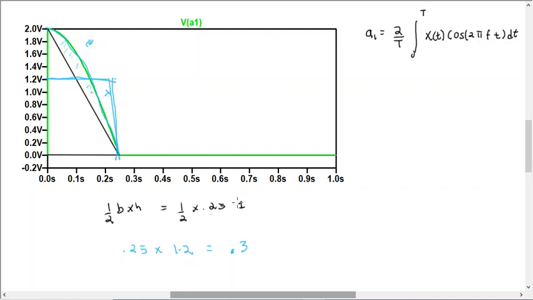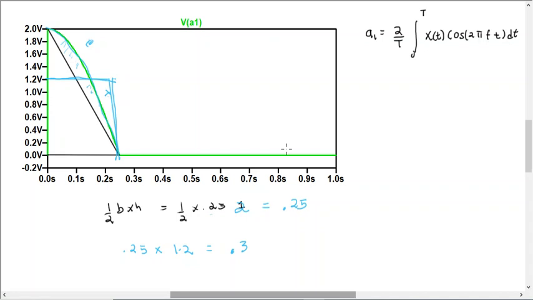Oh, this wasn't 1, it was actually 2. Excuse me. So 0.25 divided by 2 times 2 gives me a coefficient of 0.25 for the triangle and 0.3 for doing a rectangle.